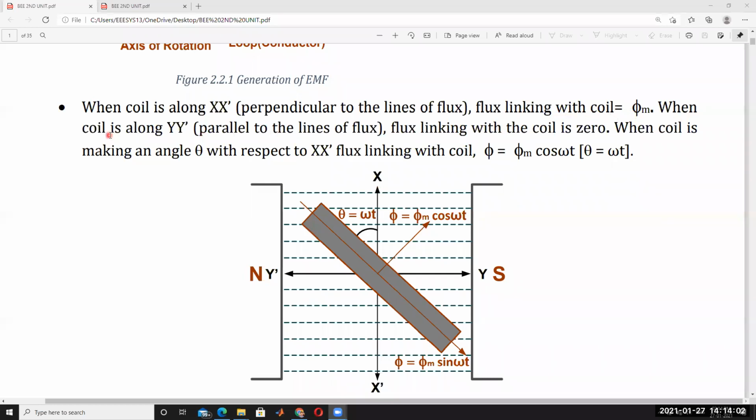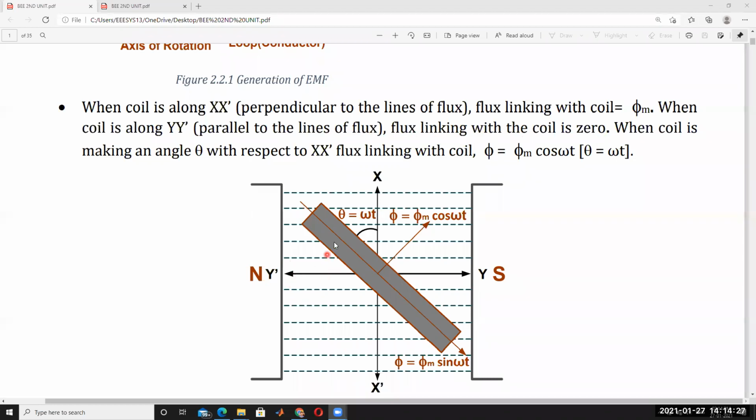When the coil is along Y dash, parallel to the magnetic flux, which is in the north to south direction, the flux linking with the coil is 0. Understood?